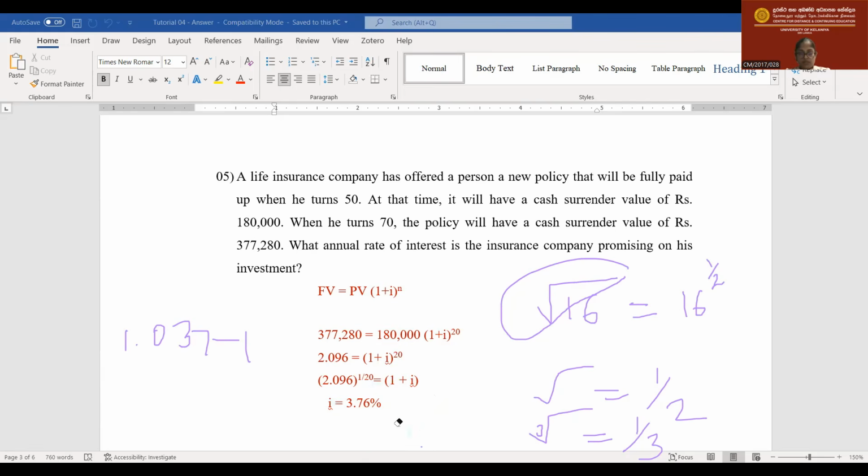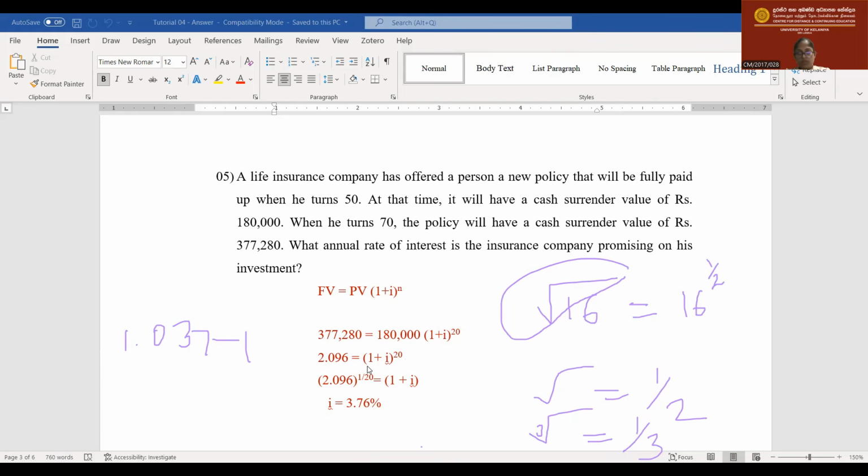Let me do the calculation with you. Here you can see the power of 20. In order to remove this power of 20, we have to take the half of that, I mean 1 over 20. It's kind of like a square root.